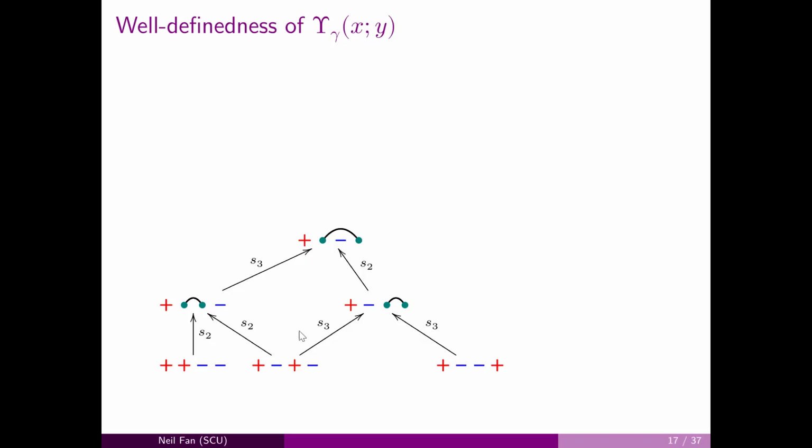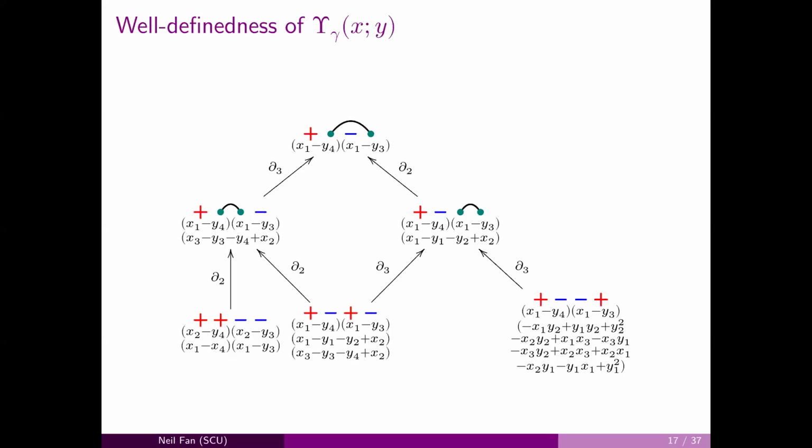But for upsilon gamma, for the weak order on clans, we have different choices of the starting point. For example, if we want to compute upsilon gamma for this clan, we have several choices, starting from any of the following 3 matchless clans and by any path. Wyser and Yong show that it is independent of the choices of the starting point and the paths on the weak order. So it's well defined.